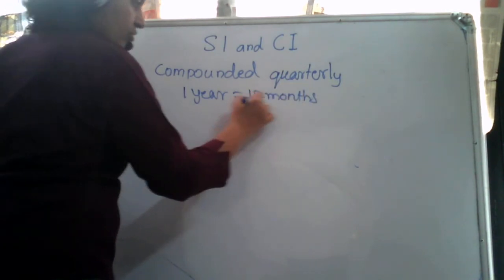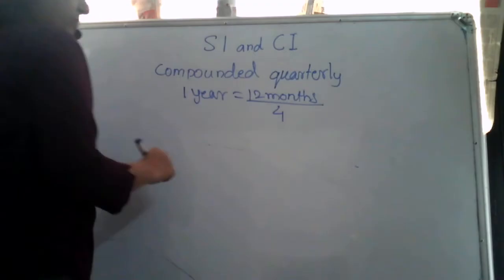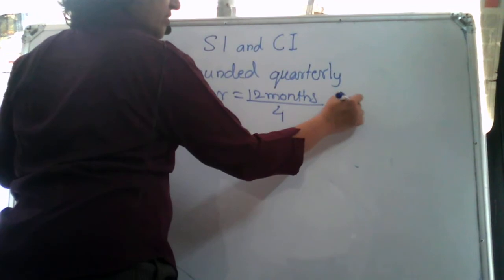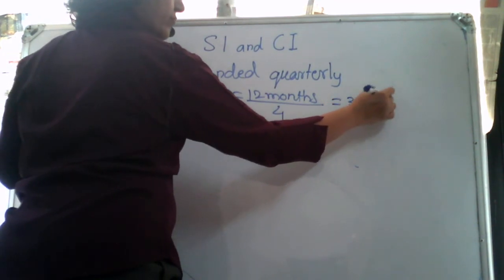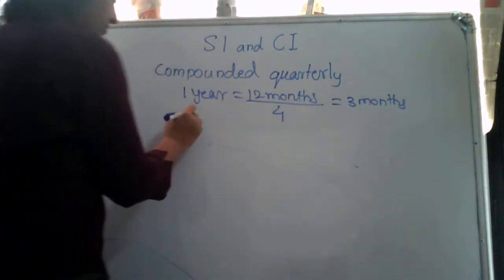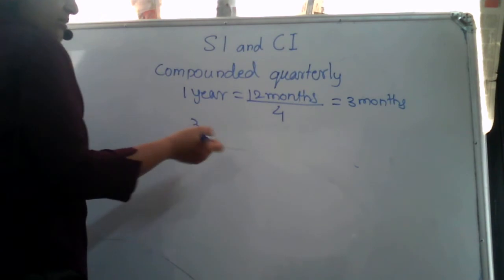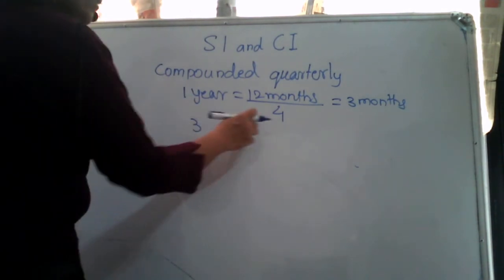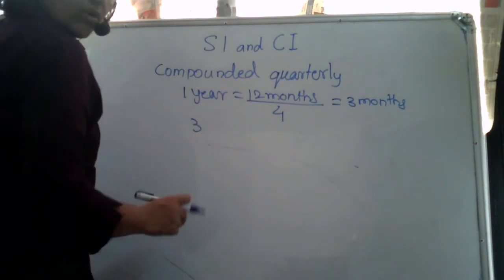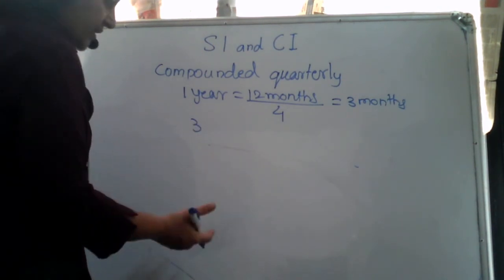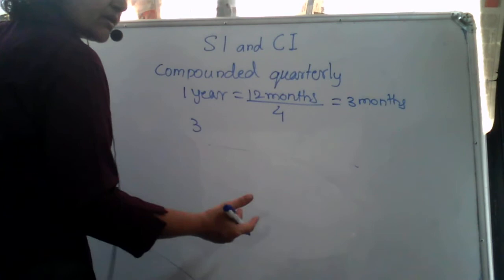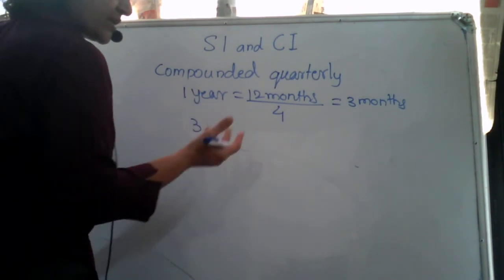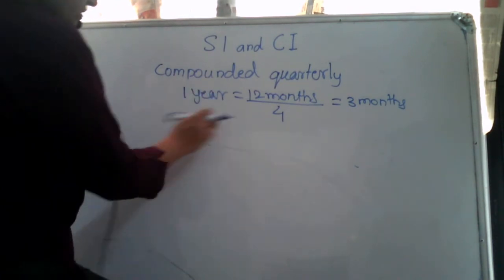Its fourth part is how much? 3 months. Means every 3 months is called a quarter. So whenever we say it is quarterly, if somebody has invested an amount for 1 year, how many times is the interest going to get calculated in 1 year? 4 times.